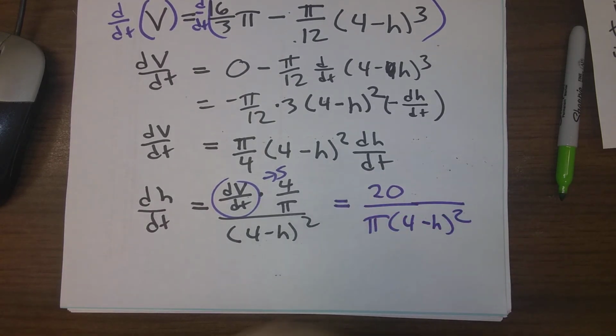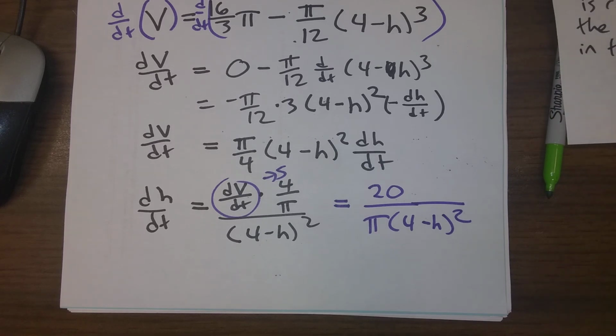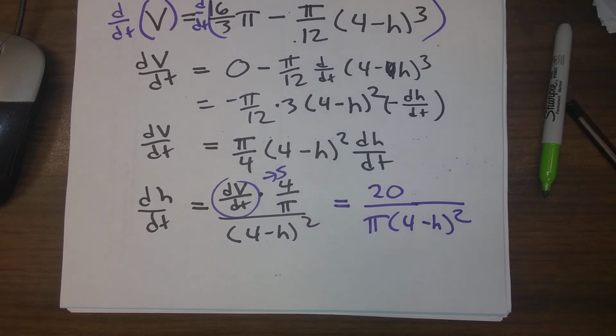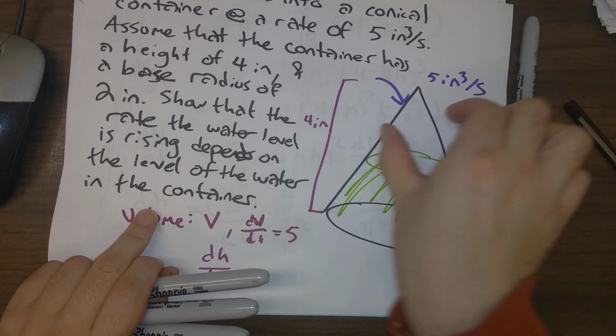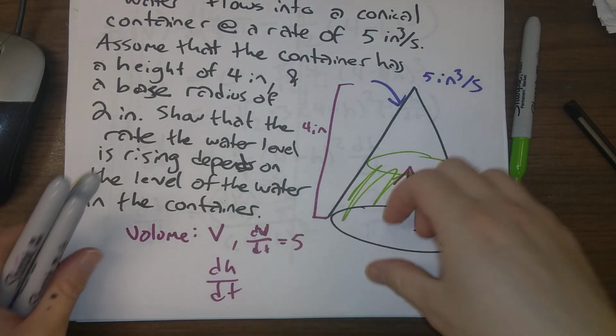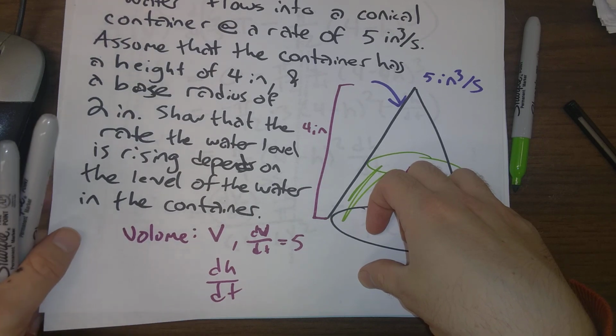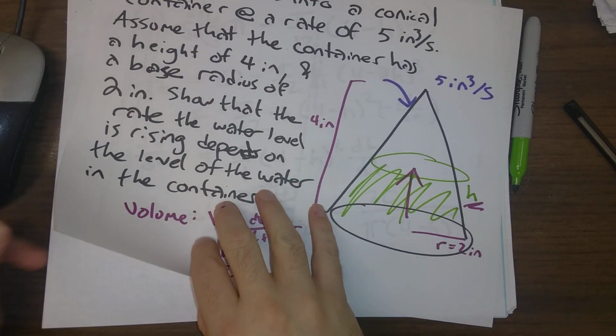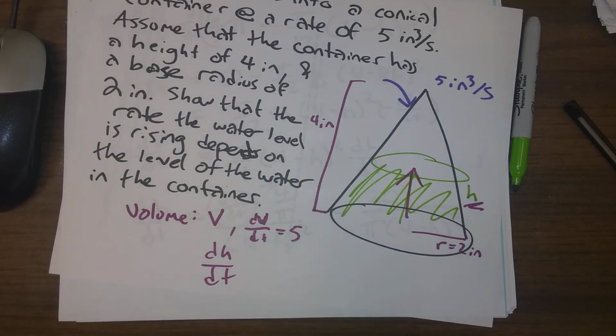And so that matches our intuition from what the picture was. The higher up we are, the skinnier the cone is, and so we'll be increasing our height more and more quickly. Okay, so that's what's going on in this kind of problem.